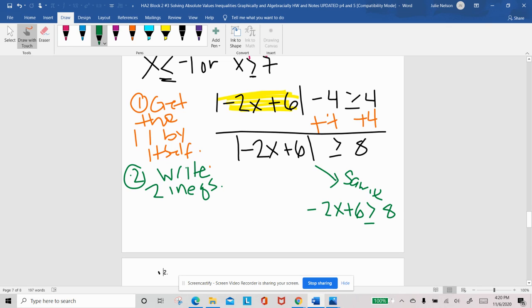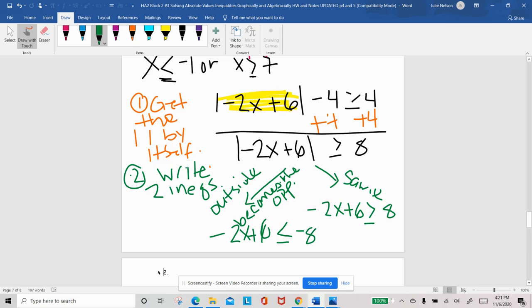It stays exactly the same. And be very careful on this one. One where the outside becomes the opposite. So it'd be negative 2x plus 6, that's inside. But the opposite of the outside, instead of greater than or equal to 8, becomes less than or equal to negative 8.